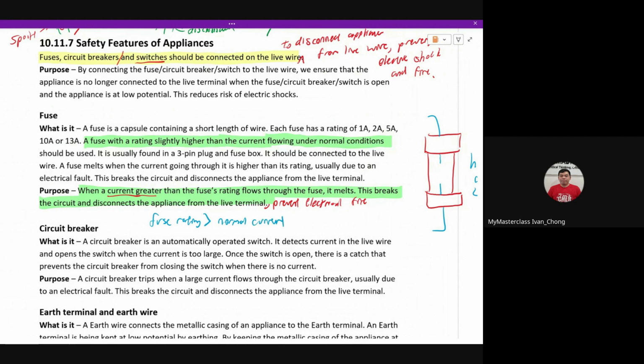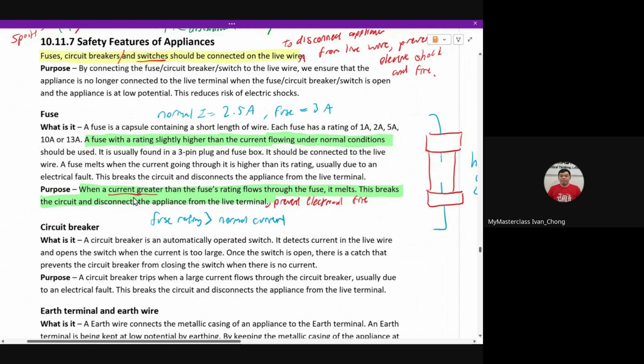For example, if normal current is 2.5, your fuse should therefore be 3 amperes, because you just round it up to the next whole number. But sometimes, if the normal current is 2.9, 3 might be a bit too close. Maybe you want to use 3.5 or 4. So just be careful about this.